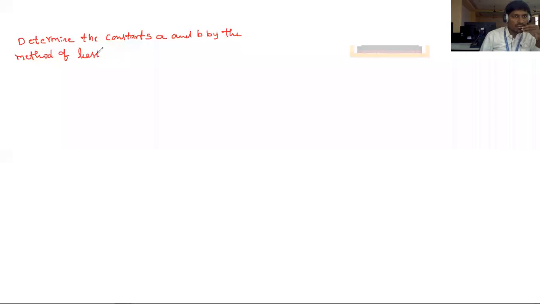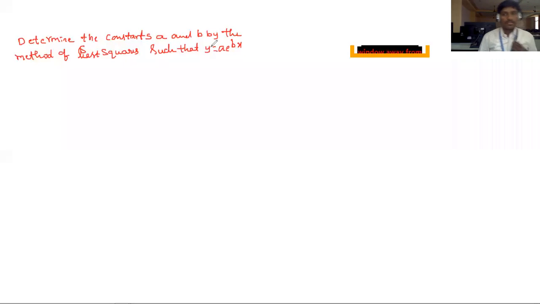If you want, you can write running notes also for this. Least squares such that y is equal to a e power bx. Y is equal to a e power bx. Okay, and now coming to the data.